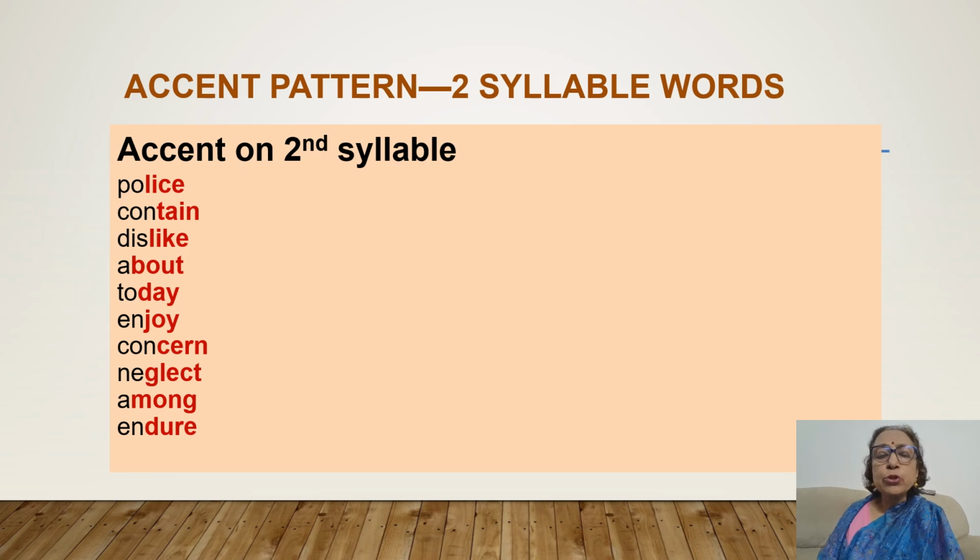After the two-syllable words, which had accent in the beginning, we come to two-syllable words which have accent on the second syllable. So we have the word police, not police. Police is wrong pronunciation. Pronunciation is police.